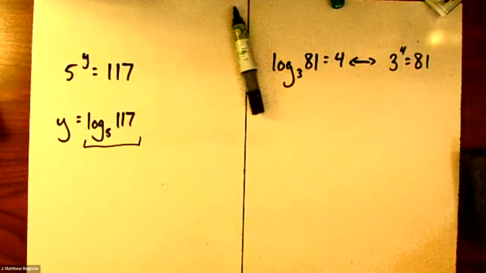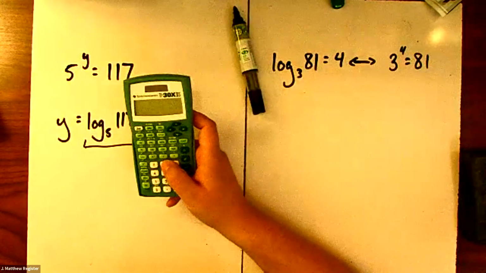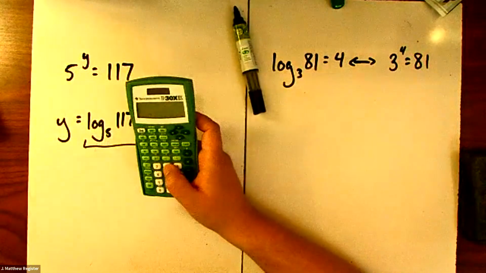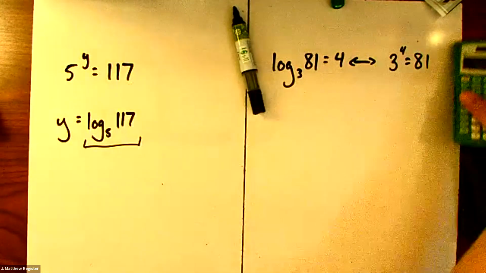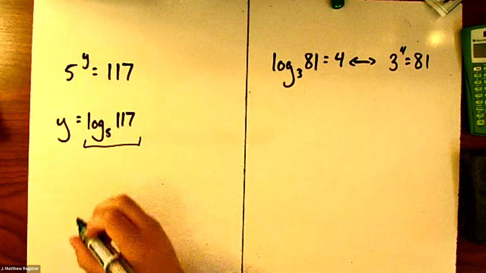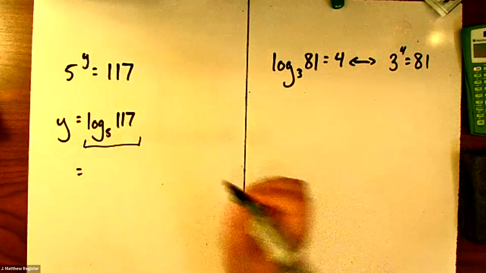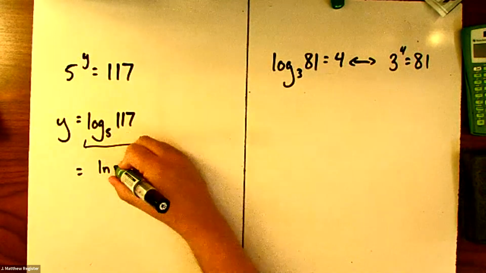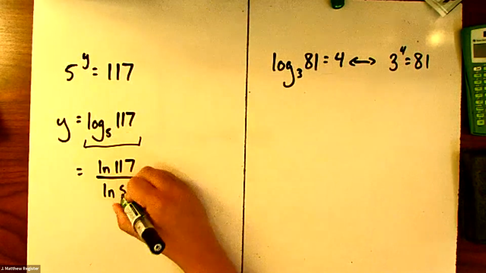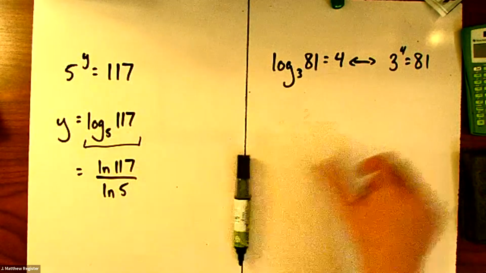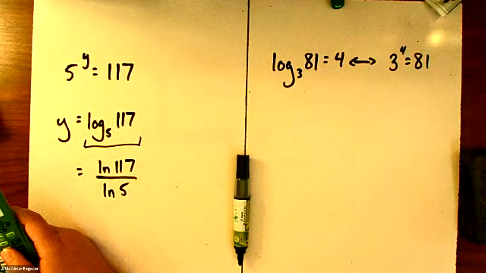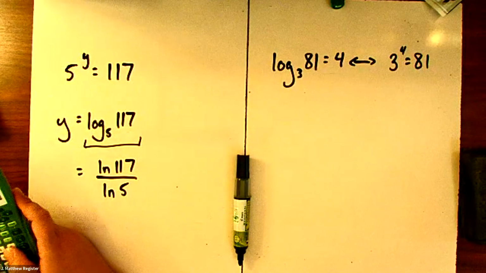And I typically use the TI 30XIIS, which does not have the ability to do different bases. And so what we do is we use the change of base formula, which we already showed before. We can rewrite this as the natural log of 117 over the natural log of 5. And that we can plug into our calculator and get an approximation for it at the very least.